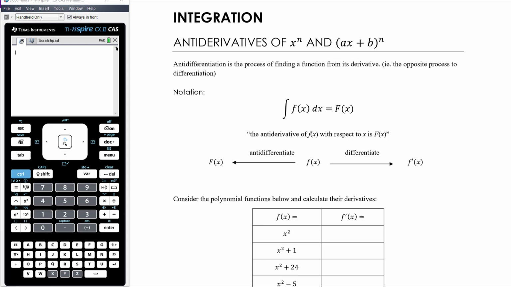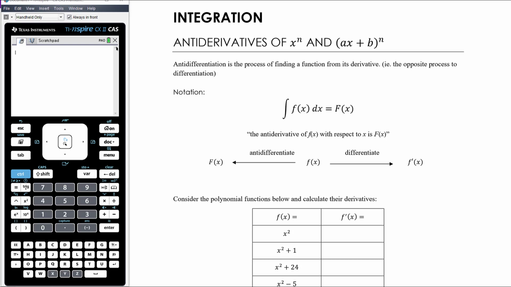So integration is the reverse process of differentiation, and so it's sometimes also called antidifferentiation. I'm aware that that's not a commonly used word around the world, so if you are tuning in from somewhere other than Australia, or maybe even other than Victoria in Australia, and you aren't aware of the word antidifferentiation or antiderivative, then it may well not be a word that exists in the maths community in your neighbourhood.